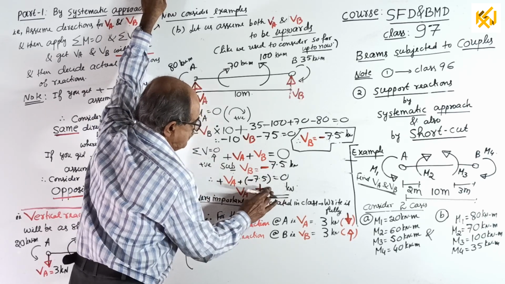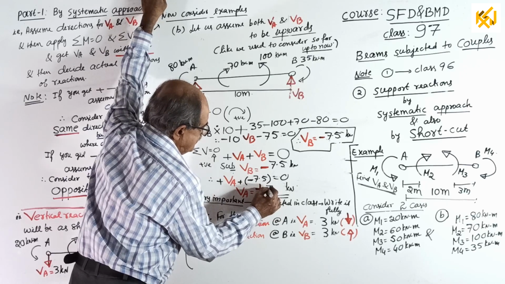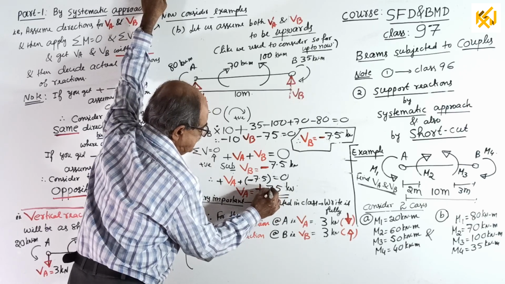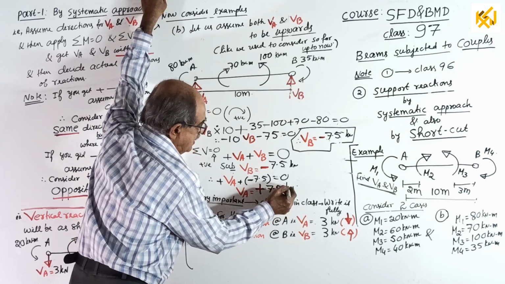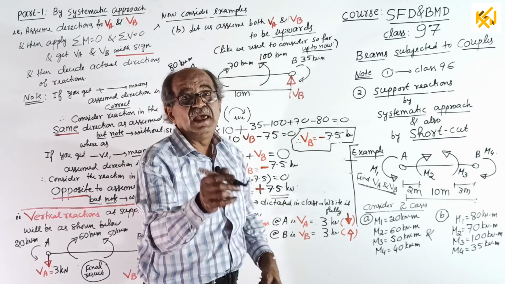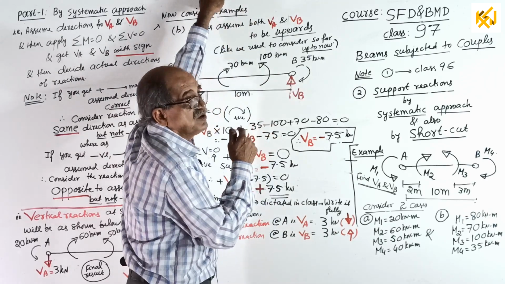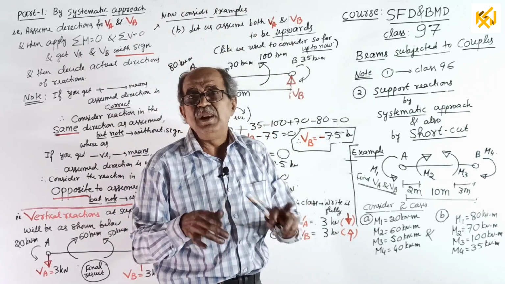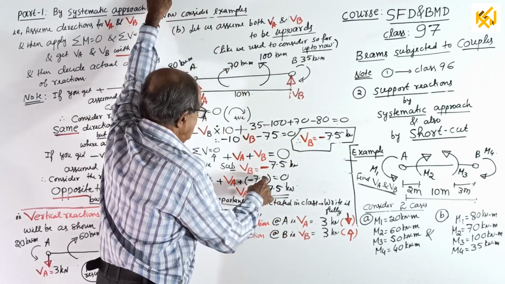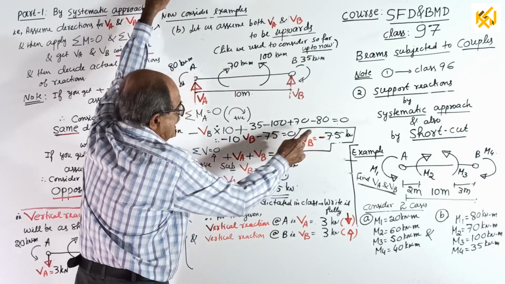This will come plus 7.5. See, such mistake, human nature. But I told, technical mistake I will not make. I will not come tomorrow and tell, see, last time I told is wrong. It is not that way. That will never happen.